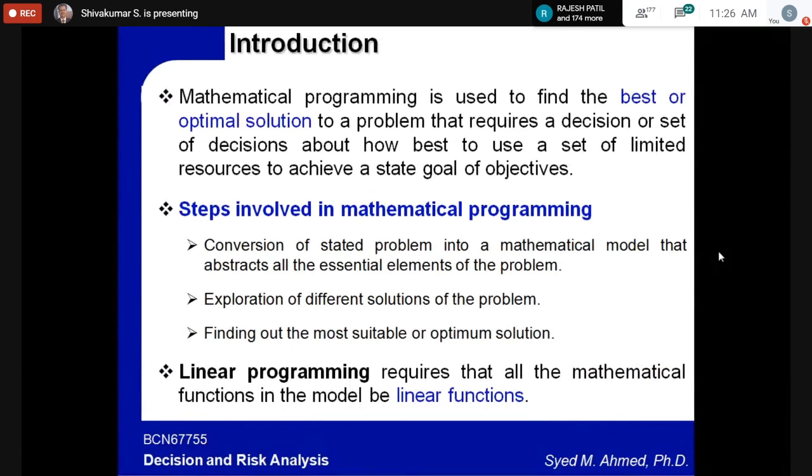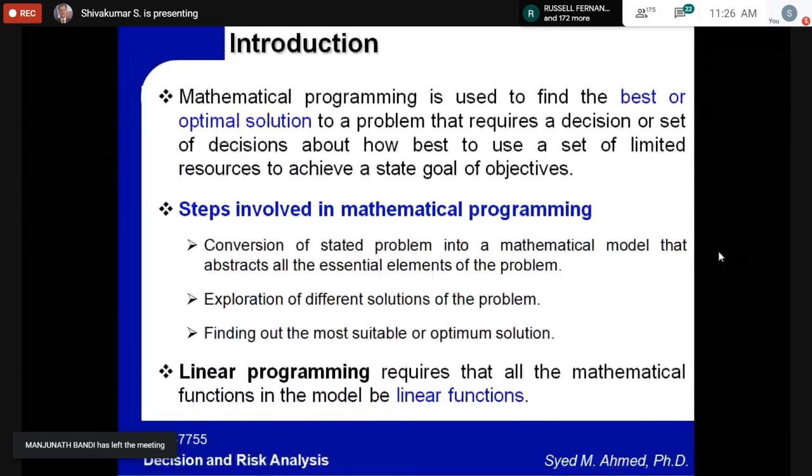Okay. Now understand here. Please just go through the entire slide once again. Mathematical programming is used to find the best or optimal solution to a problem that requires a decision or set of decisions about how best to use a set of limited resources to achieve a stated goal or objective. Okay.